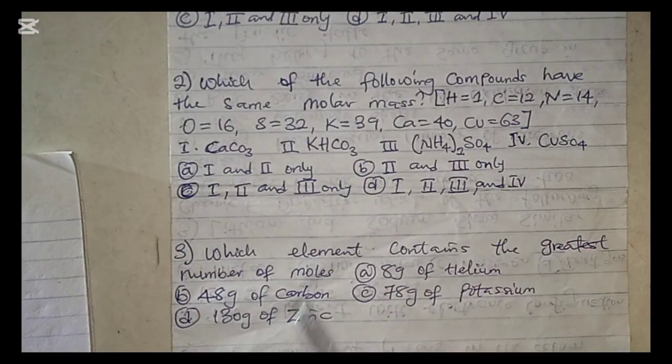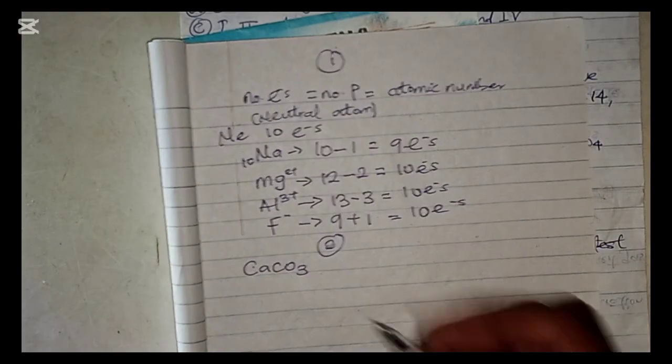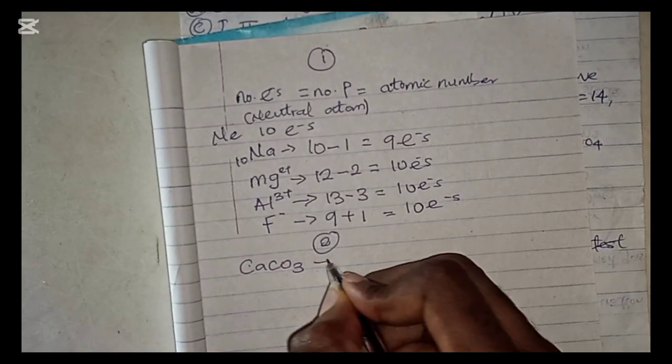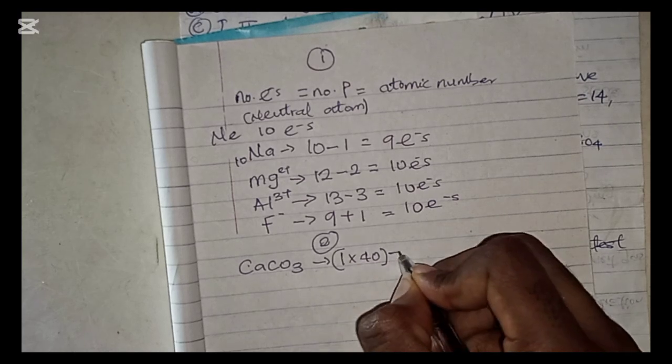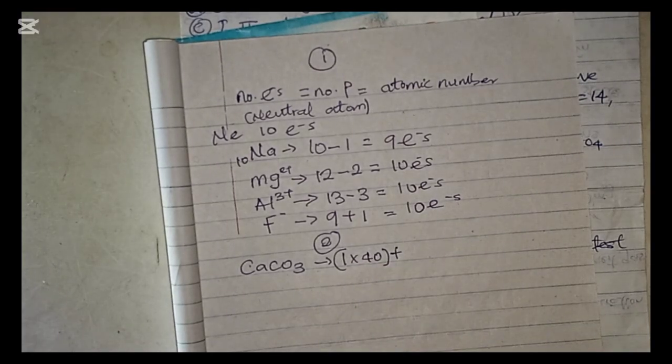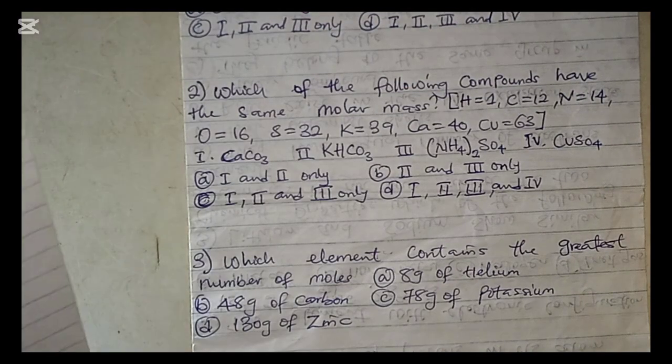We're given it to be 40. Since it is 40, how many atoms of calcium do we have here? 1. So we have 1 times 40, plus. The molar mass of the compound is just going to be the sum of their relative atomic masses in grams per mole.